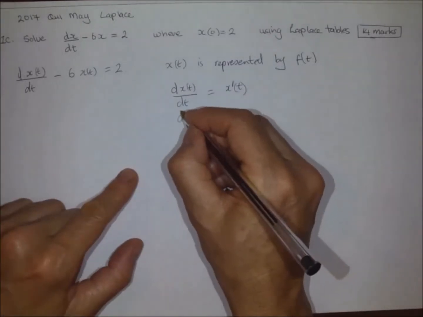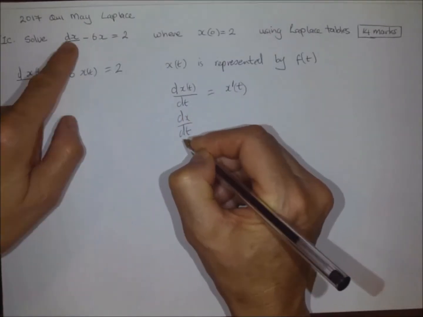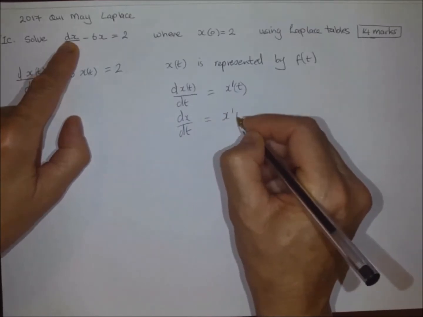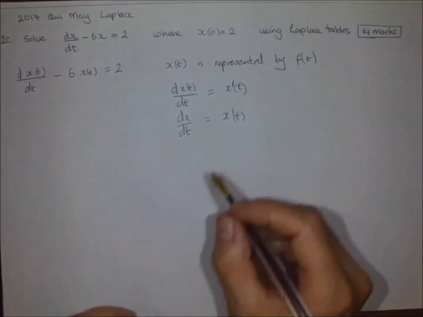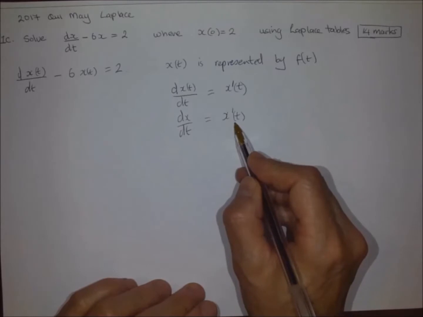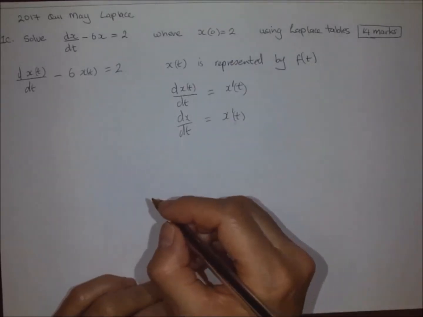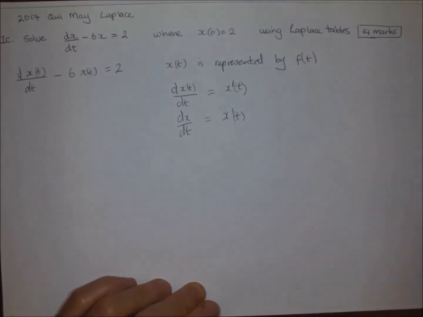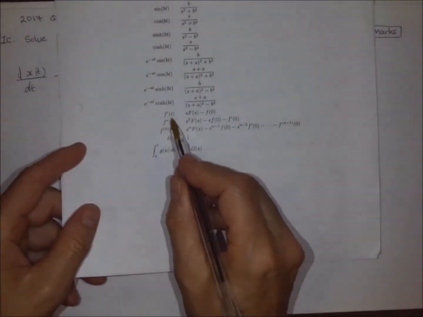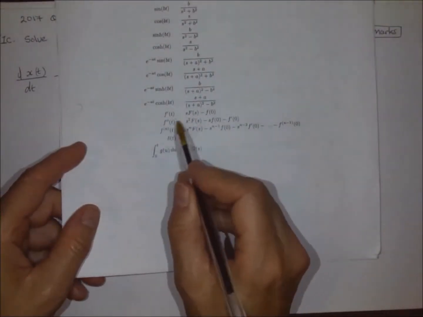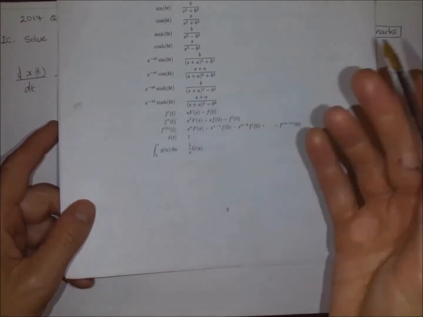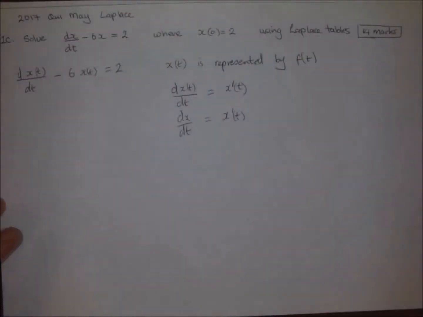In this case, this dx dt up here is actually x dash t. Now there is no x dash t in the transform tables, but there is f dash t. So wherever we see the f dash t, we use our x dash t.